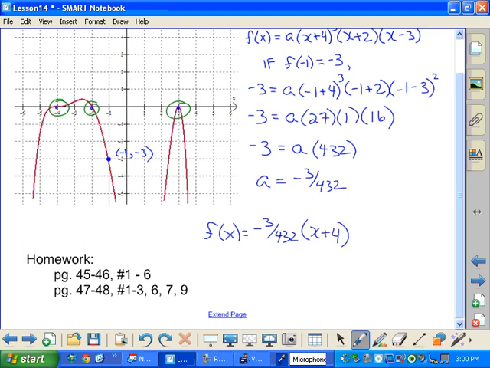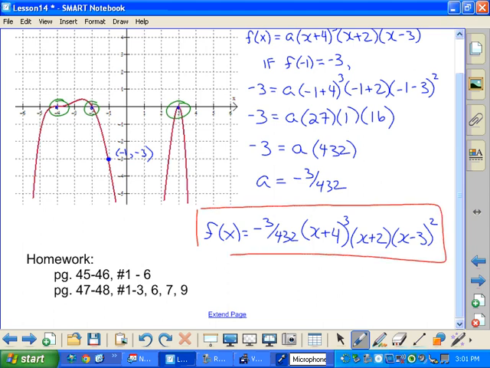So x plus 4 cubed, x plus 2, and x minus 3 squared. So there you go. That's how you determine the equation of an unknown polynomial. Here's the homework. You're going to be going through and identifying degree, roots, and so on and so forth. So following through the notes, and if you have any questions, please let me know. Thanks.